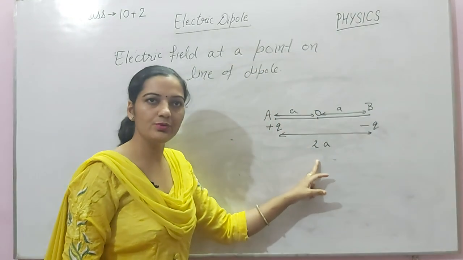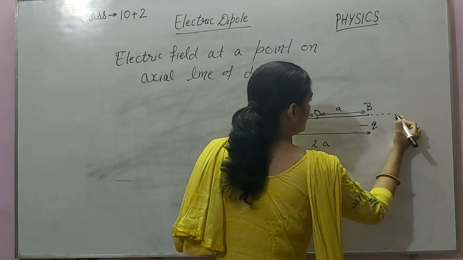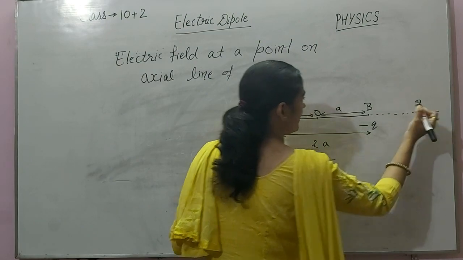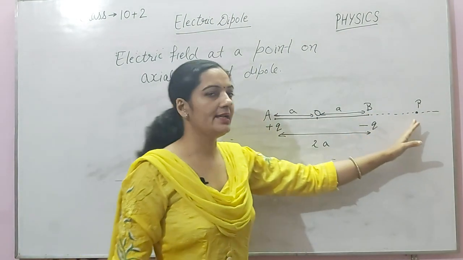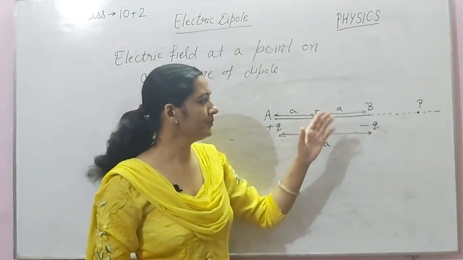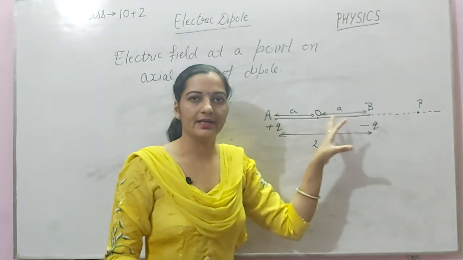Total length becomes 2a. Now axial line. P is the observation point where I have to find electric field due to this dipole.